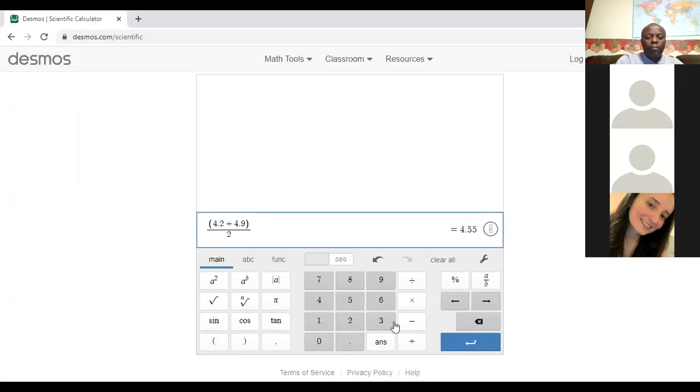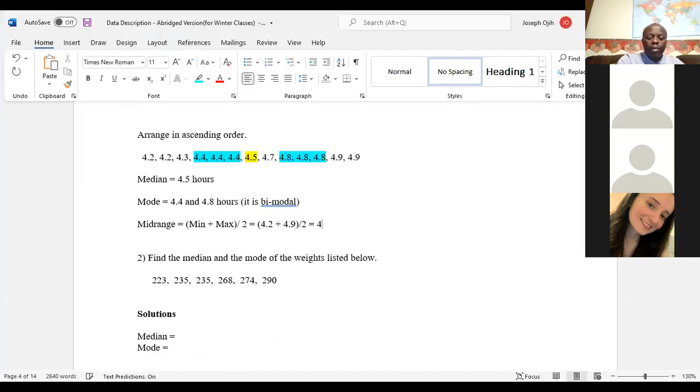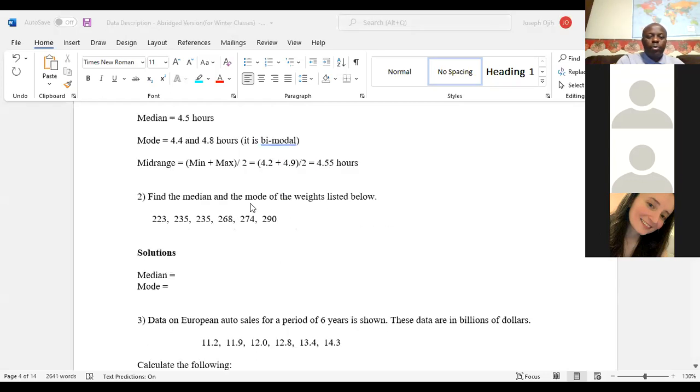So I got 4.55 hours as the mid-range. So it's just a rough estimate of the median. Now, with that, we can answer question number 2.